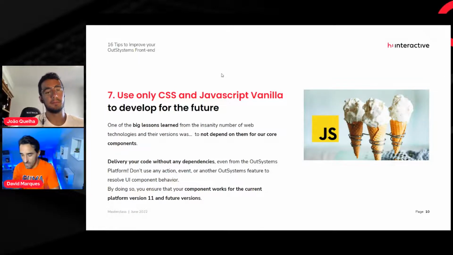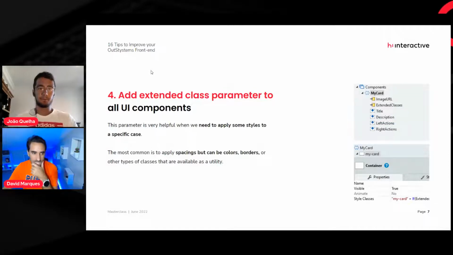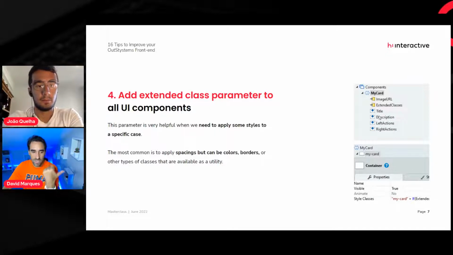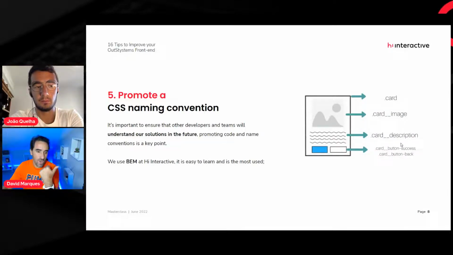For example, between our title and our description, I cannot use the class margin bottom top. I will use a CSS variable applied to my description, in this case card description. I will use a CSS variable from OutSystems UI. So in the future, if they delete the OutSystems class, it still works for me with the OutSystems UI rules.